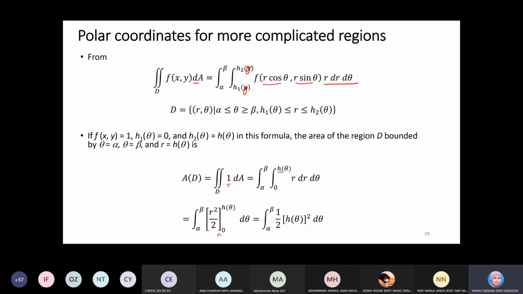Then eventually you will get 1 over 2 times h theta, the whole thing squared, and you integrate this with respect to theta if you know what h as a function of theta is. But the example stops here, so we just need to stop there. But in case you need to use it in future, you know where to find this from.